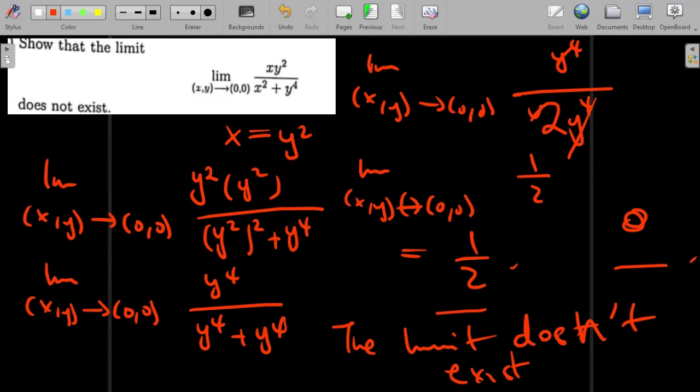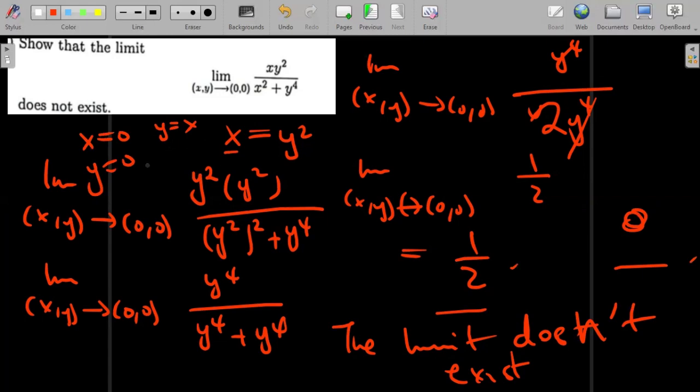I don't know if there are any questions. So you said the value that you test is when x is equal to y, x is equal to y squared, then which other one? So you can test x equal to 0, you can test y equal to 0, you can test x equal to y squared, or you can test y equal to x, or x equal to y, whichever one.